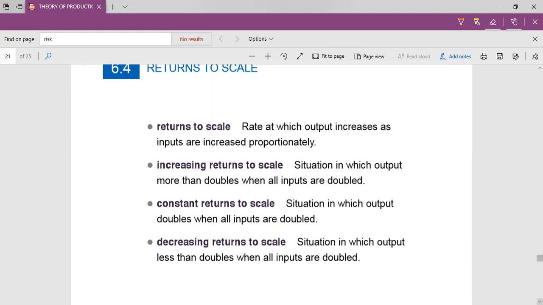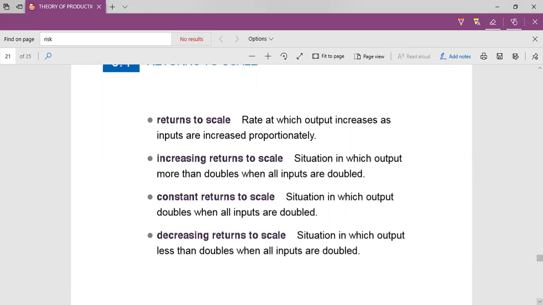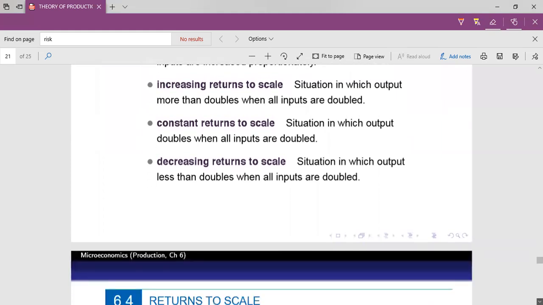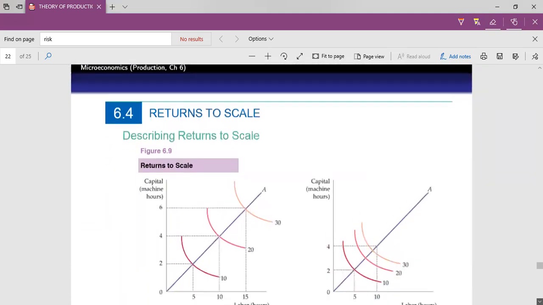We saw that these returns to scale happen in the long run, where all factors of production are variable, and we experience what we call increasing returns to scale, which is the same as economies of scale, and then constant returns to scale, and then decreasing returns to scale, which is the same as diseconomies of scale.